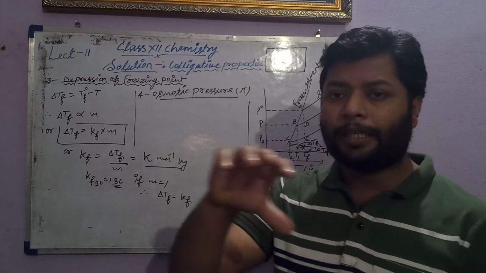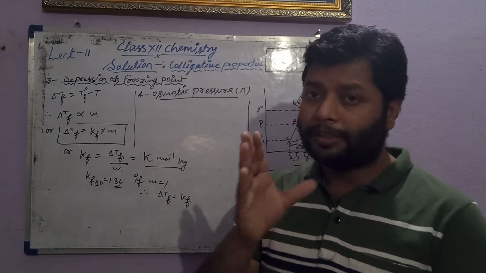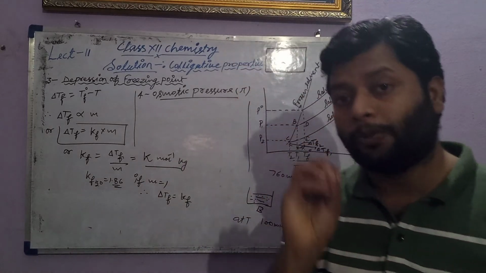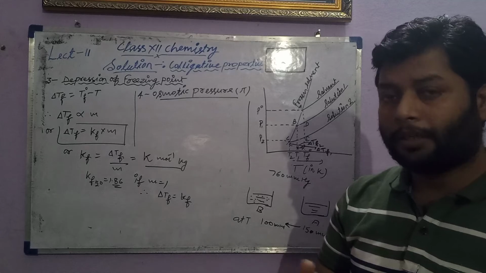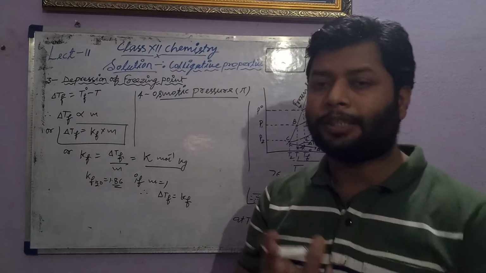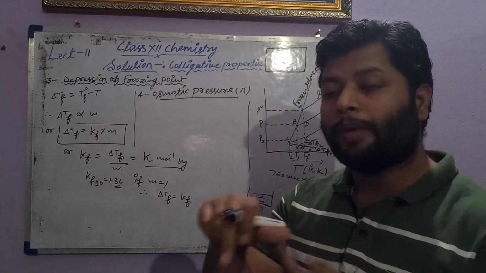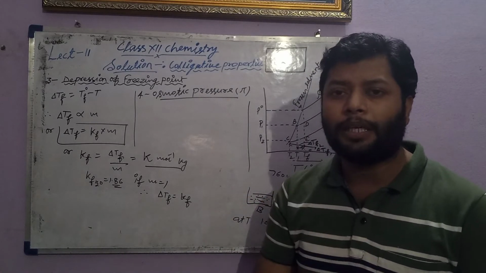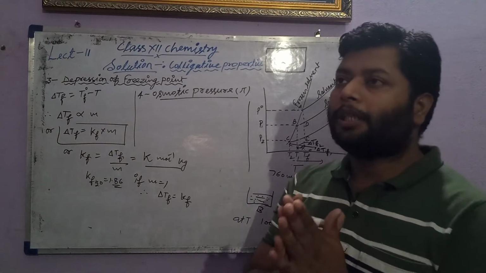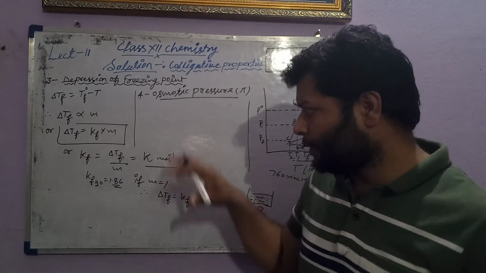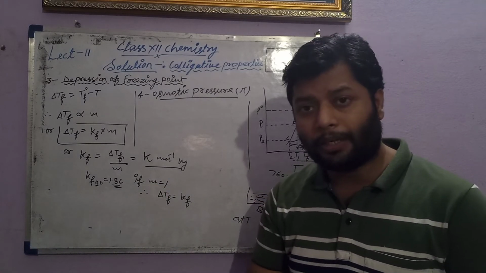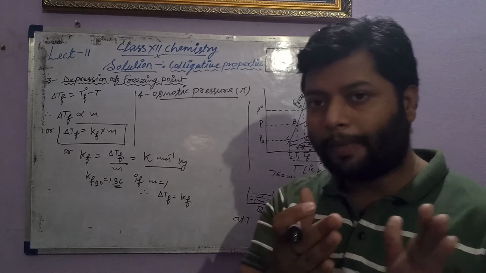As gaseous particles move randomly, the same way solute particles move randomly in the solution, and that relates a liquid system with a gaseous system because of the same behavior of the solute particles. So he derived a formula, which we are going to derive, but before that we have to learn some terms.